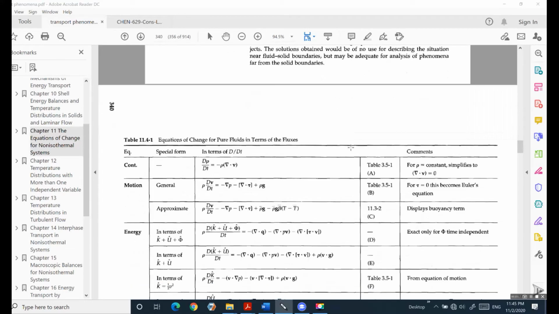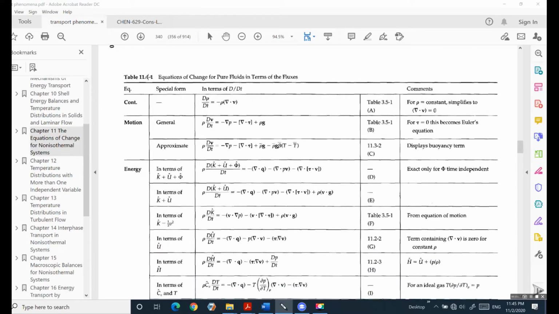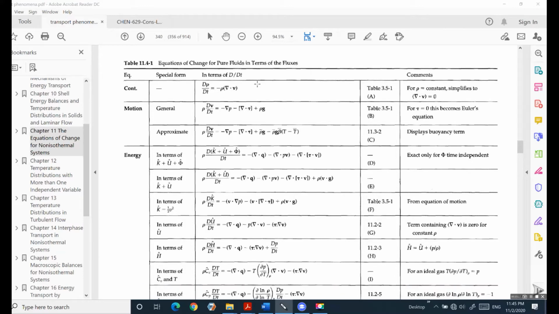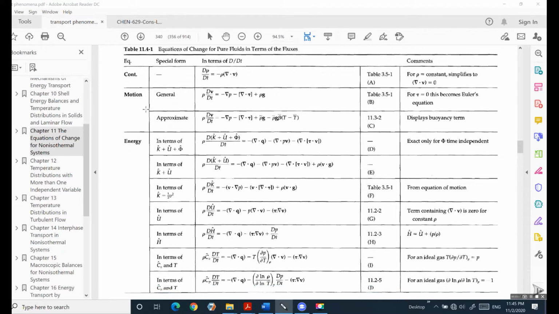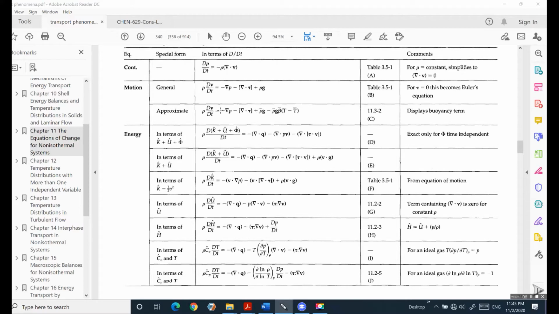Now, in chapter 11, table 11.4-1 gives us different forms of the energy equation and other equations. The first one, you see from here, is the equation of continuity for constant rho. Just this term is going to be 0 and this is going to be 0. And for the equation of motion, we obtain that form. If the viscous forces equal 0, then it becomes the Euler equation.